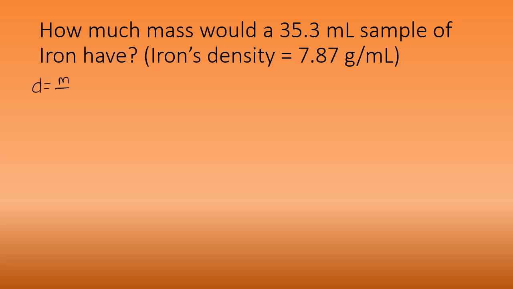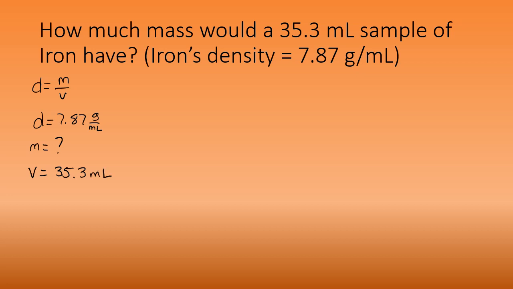Density equals mass divided by volume. Density is given to us as 7.87 grams per milliliter. The mass is not given to us. It is what we're trying to solve for in this problem, and the volume is listed as 35.3 milliliters.